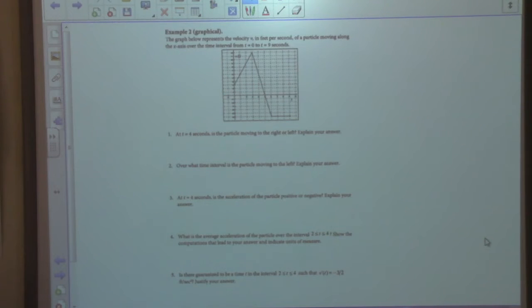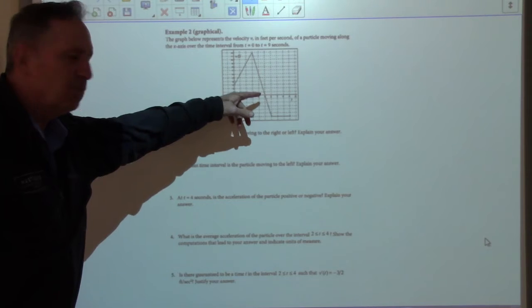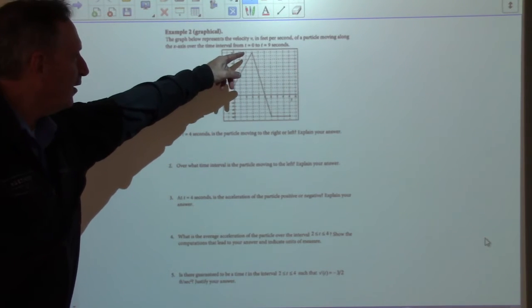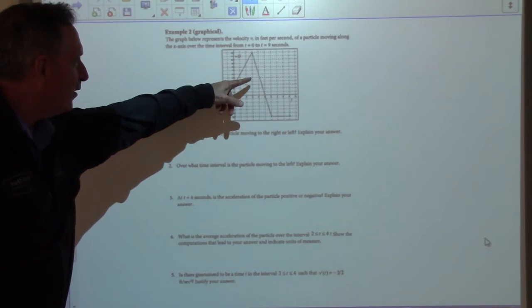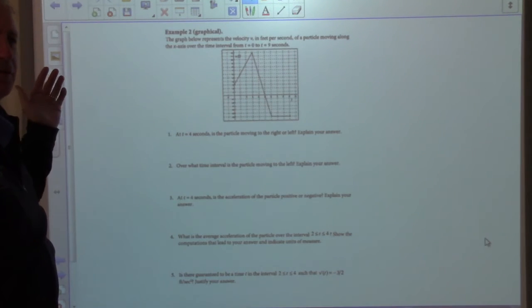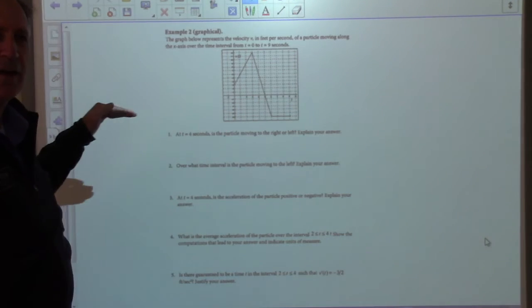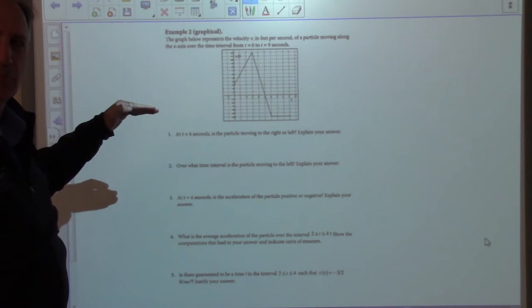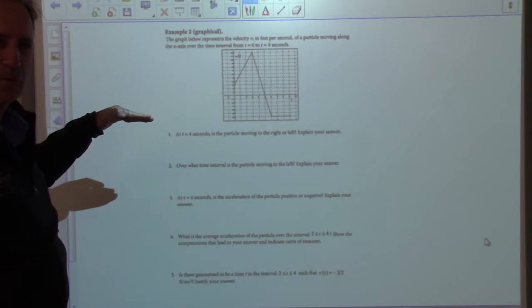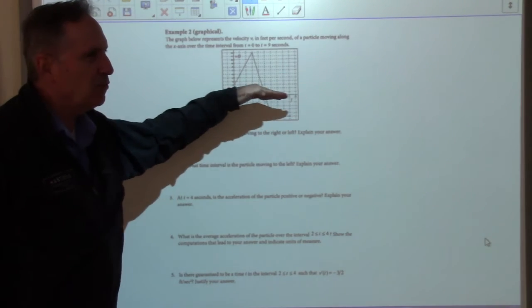So anyway, we have a graphical demonstration here, and we have this graph. It is velocity in feet per second of the particle moving along the x-axis. What does motion along the x-axis look like? It looks straight, one-dimensional.